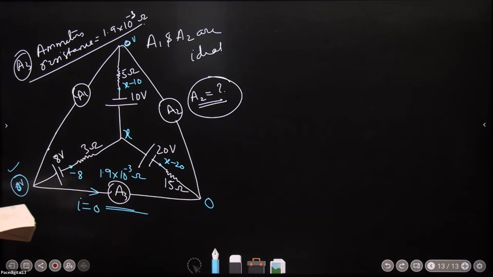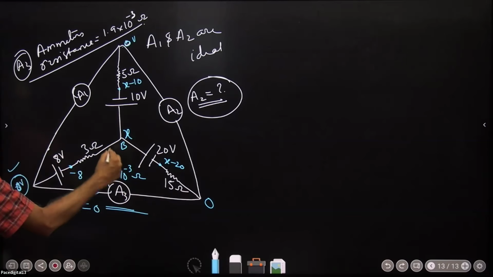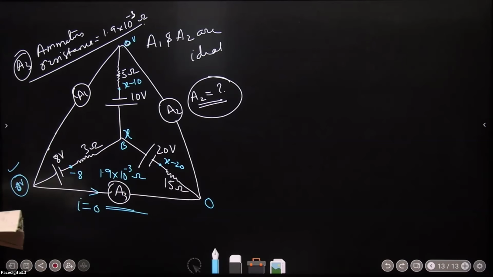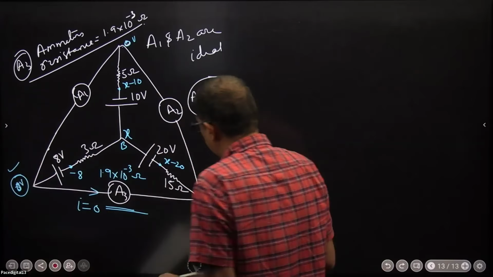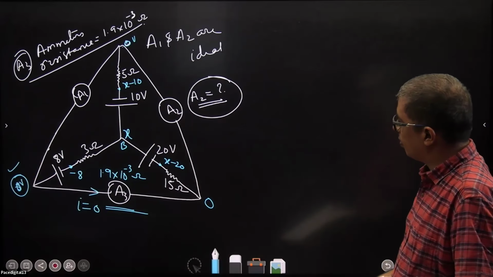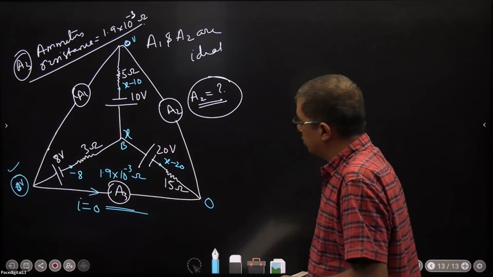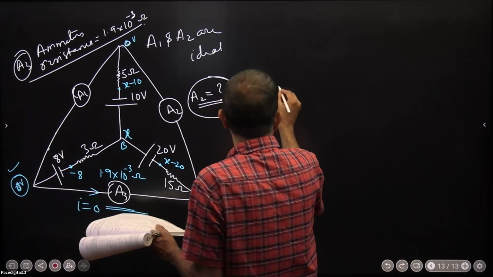Now apply KCL to the junction B. At this particular junction, incoming current should be equal to the outgoing current. You get the value of X. Once you get the value of X, I don't think the remaining will be a problem for you. How much will that be?